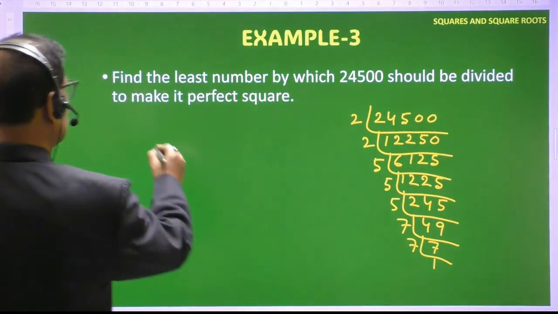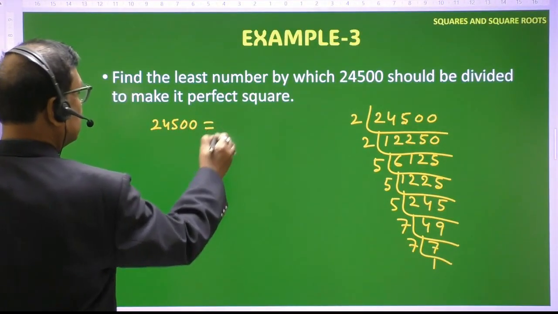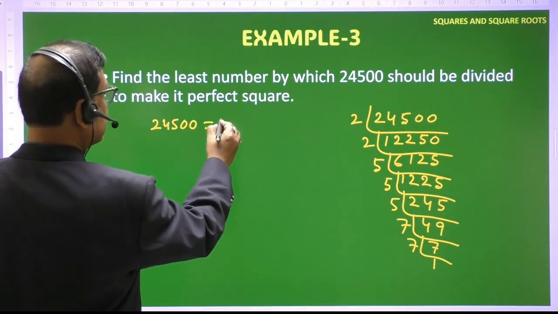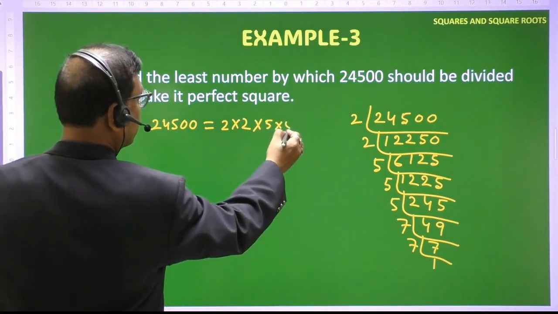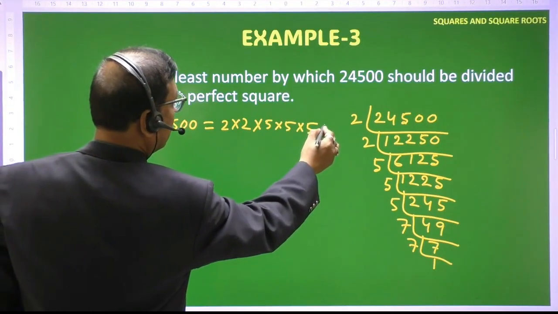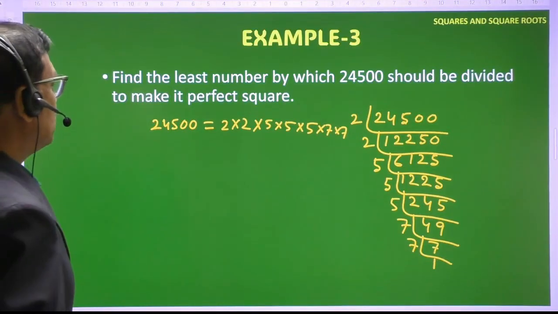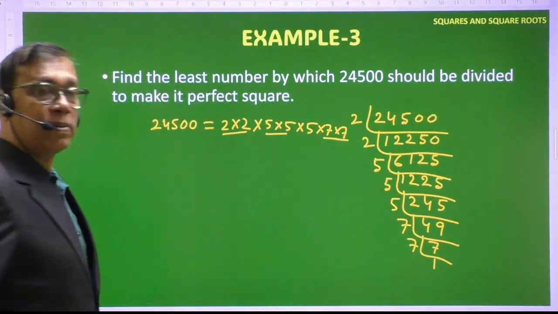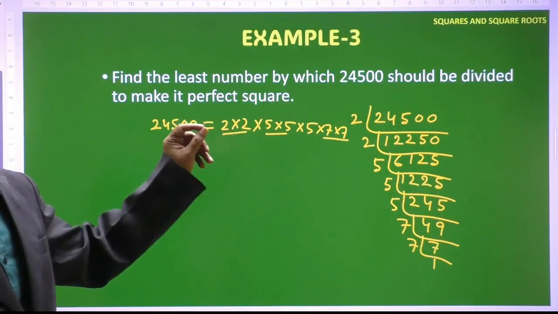So that means 24500, this number we can express as the product of prime factors like this: 2 into 2 into 5 into 5 into 5 into 7 into 7. Yes. So if we make the pairs, see here, 5 is the lone factor. That means this 5 is not pairing.